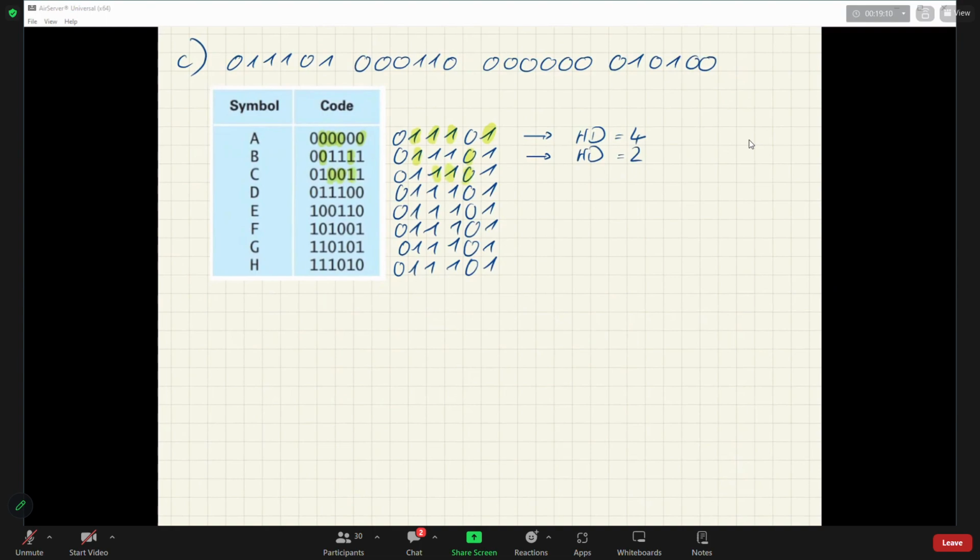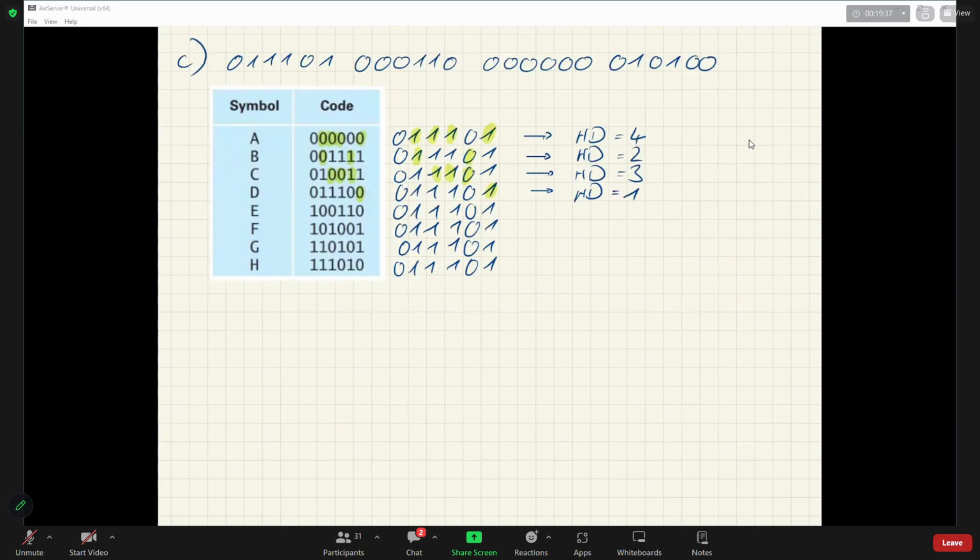So the Hamming distance here is 3. Then 0, 1, 1, 1, 0, 1. It's just the last one. My Hamming distance is 1.